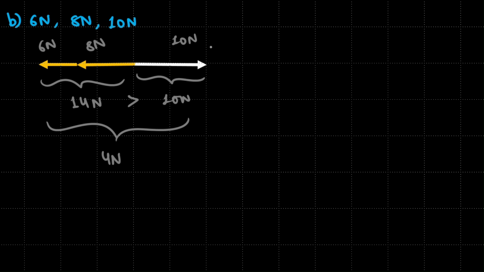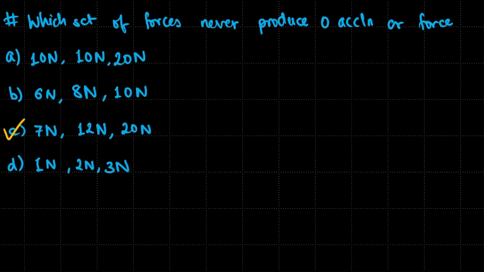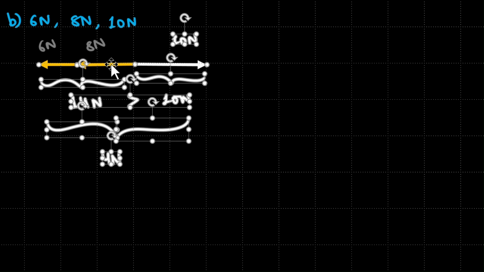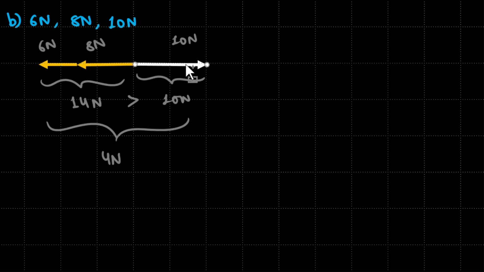So you might think that there is no possible case to have 0 force, but you will be wrong, because this is not the only way to add these vectors. So now we're going to try another way to add them. Let's copy this vector over here, and we actually want this vector to be on the opposite side.